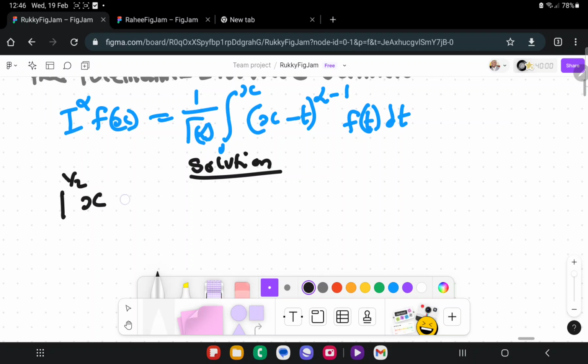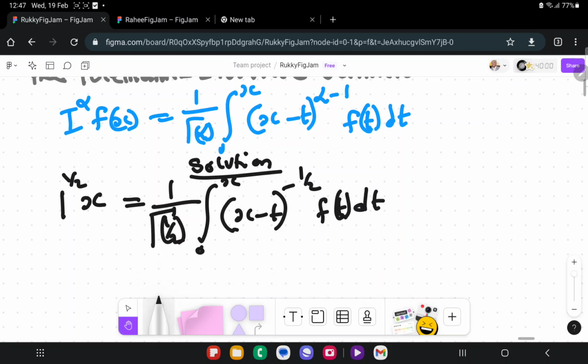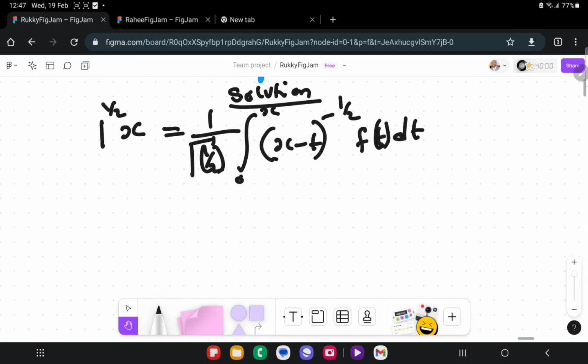It is equal to 1 all over gamma of alpha, which is 1 over 2, times the integral from 0 to x of (x minus t) raised to power half minus 1, that is negative 1 over 2, f of t dt. So that's what our integral is now.